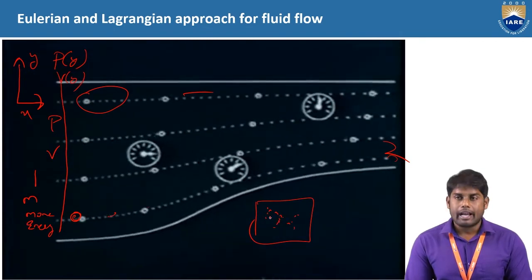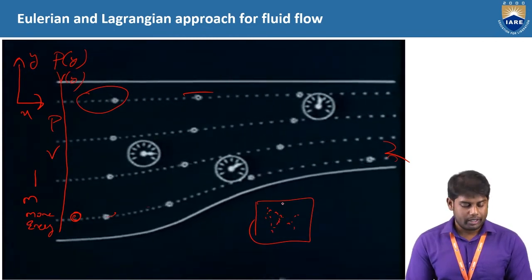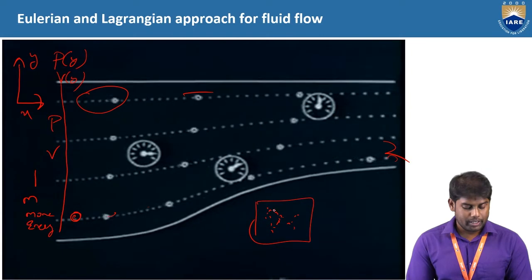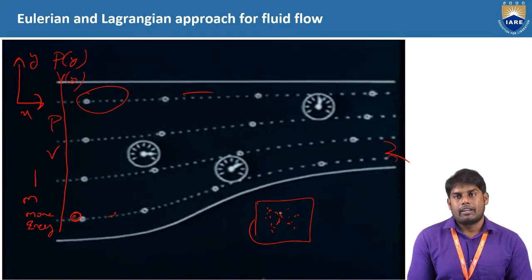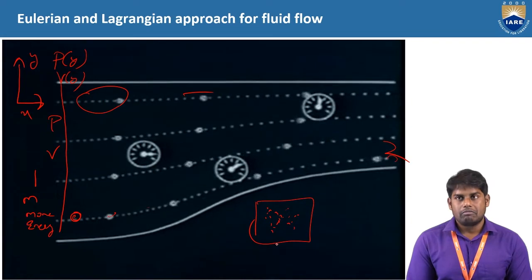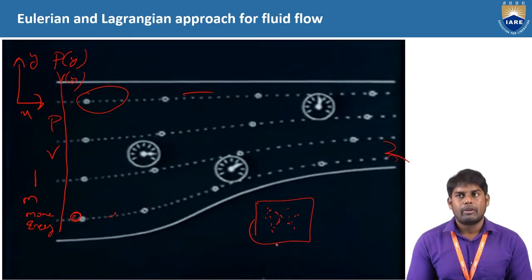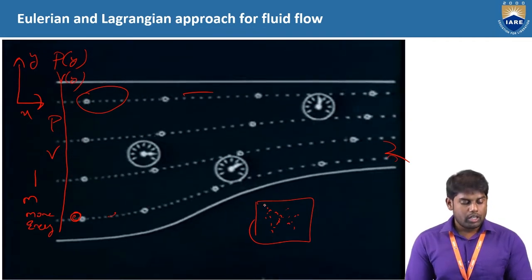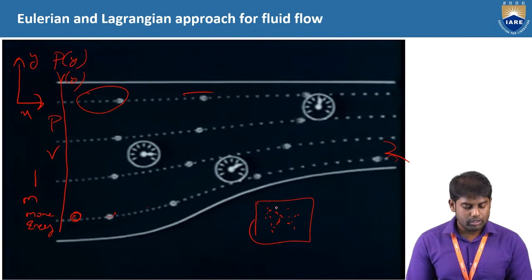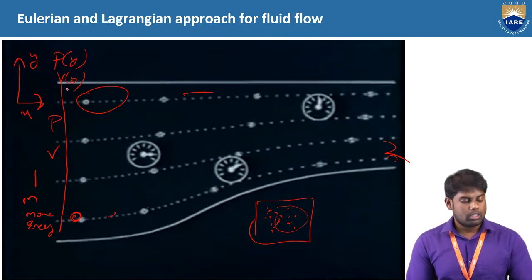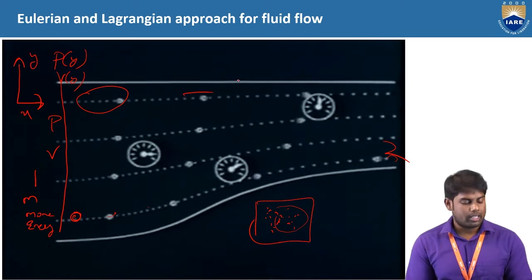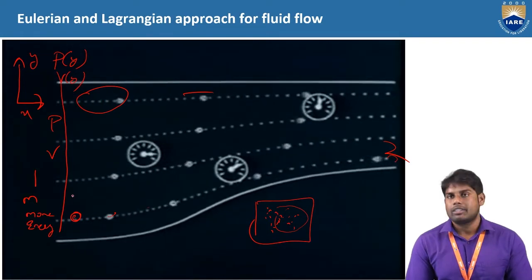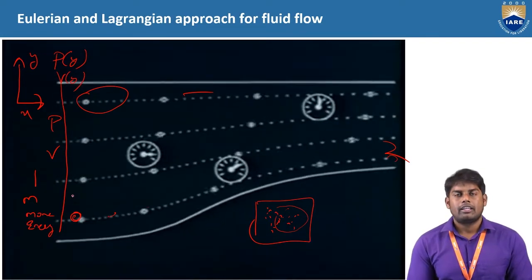Tracking the pressure, velocity and temperature of a single particle will be very tough, because in a unit volume there will be millions of molecules, and tracking millions of molecules is very tough. Therefore, the Eulerian approach will give you the average of these flow properties. If you take the flow through this channel, whatever flow variation is there across this cross section will be studied. So this is the Eulerian approach.